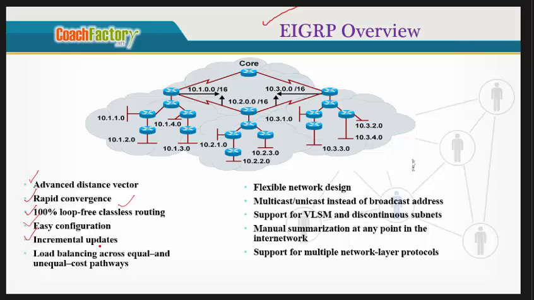All the routers which belong to the same area. Whereas with EIGRP, whatever change happens, only that change is advertised only to those neighbors which require that update, not to all the neighbors. So this is again a very good feature of EIGRP.